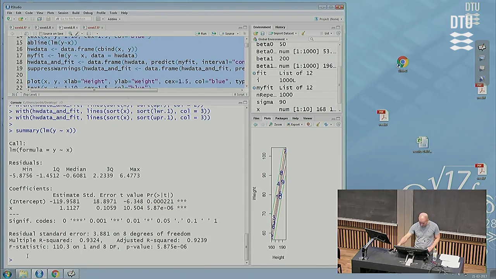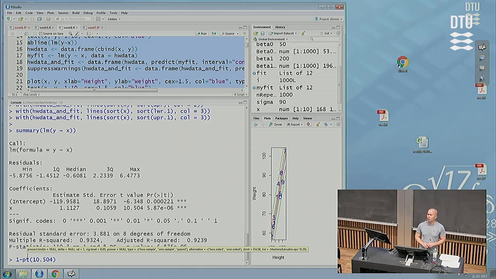I could have found that p-value myself by doing pt on 10.504. That's the probability of being less than. So maybe I should go 1 minus that. That's the probability of going to the right, even larger. And then I should double it, because it's the classical non-directional test that we exclusively do in our course.